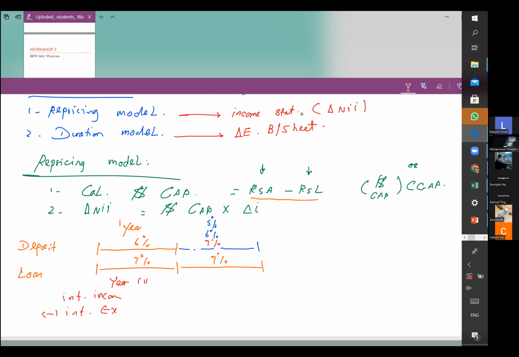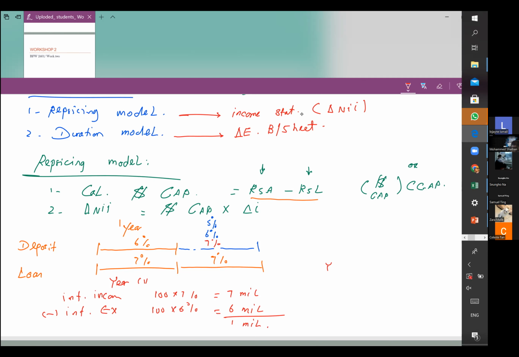Interest income is 100 million times the 7% for the loan, and interest expense is 100 million times the 6% that I paid. I find 7 million minus 6 million, so I have 1 million. This is year one.